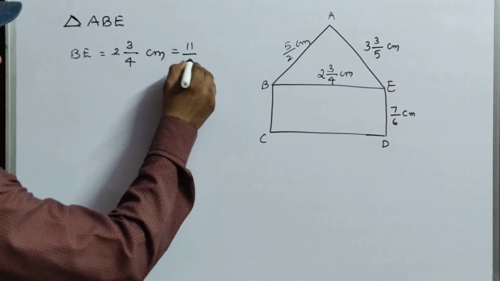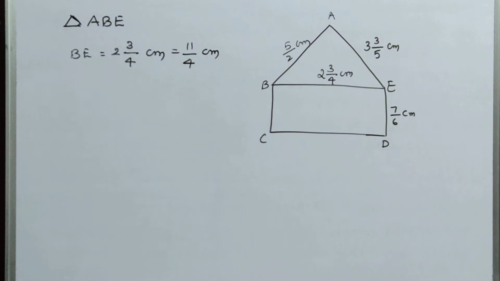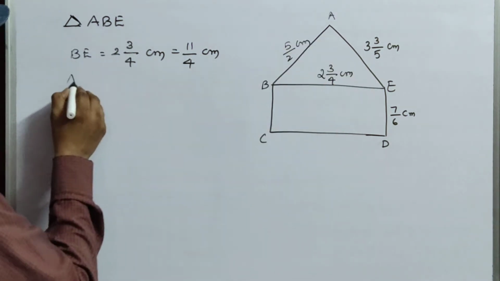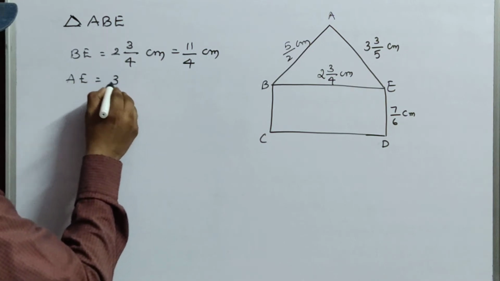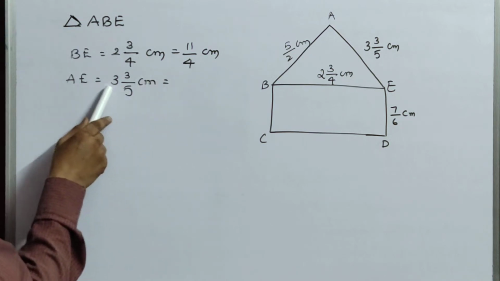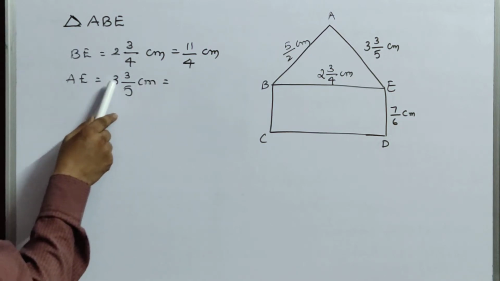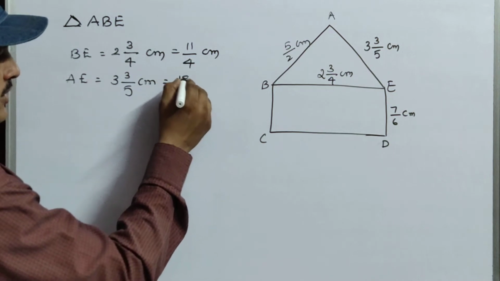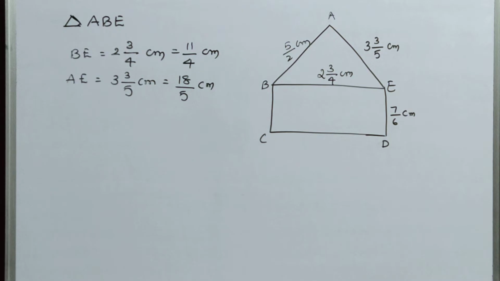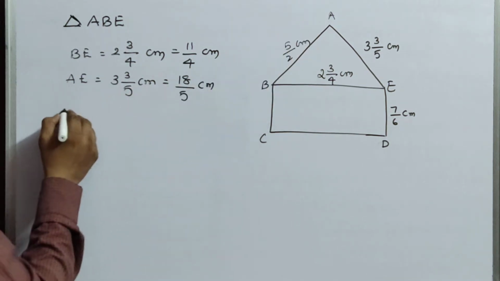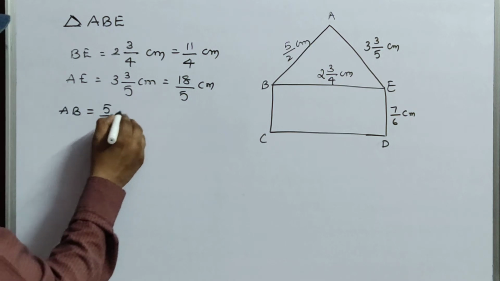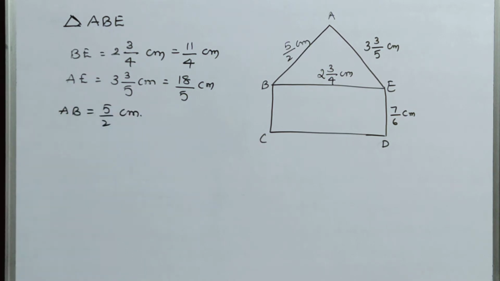So 11 by 4 centimeters. Okay, BE finished. Next AE. How much is AE given? 3 by 5 centimeters, that is 5 threes are 15, 15 plus 3 is 18. 18 by 5 centimeters. Okay. Next AB. How much is AB given? 5 by 2 centimeters.